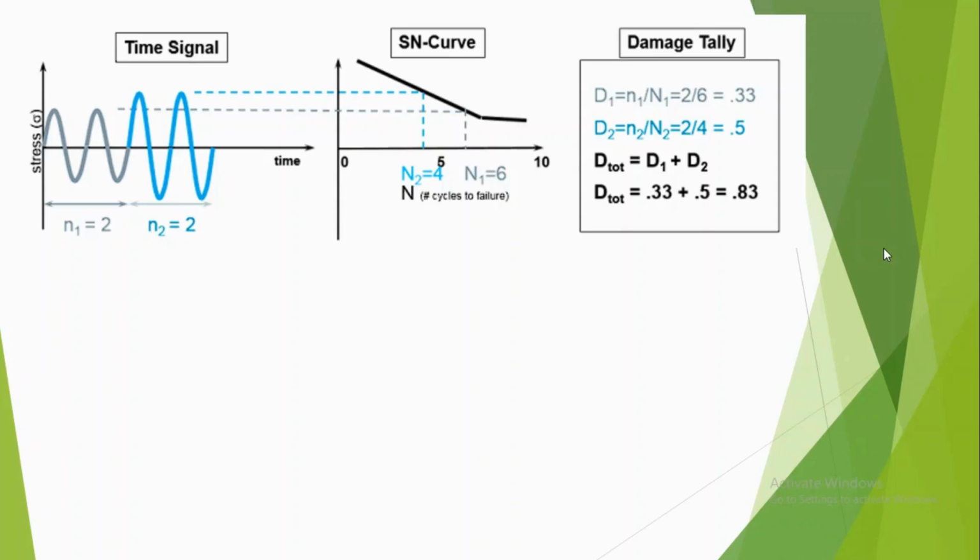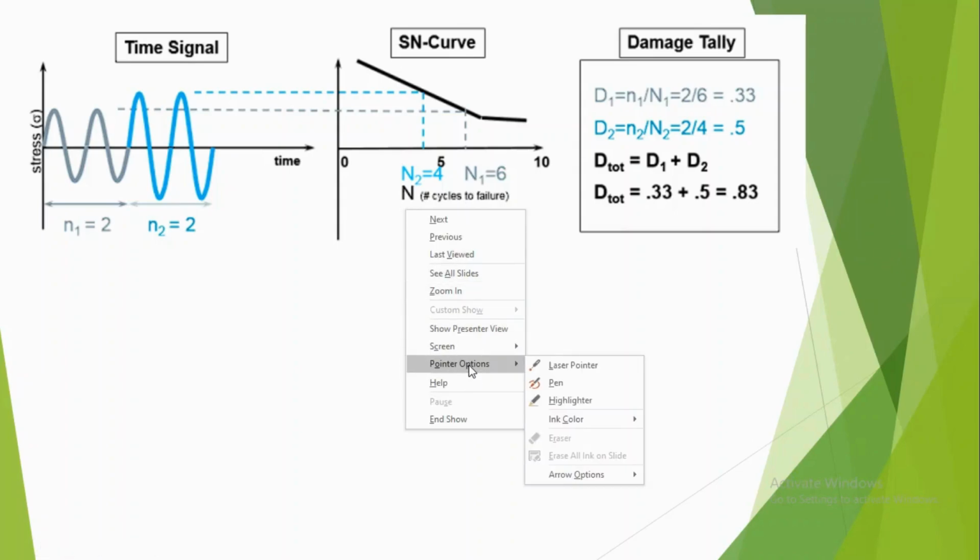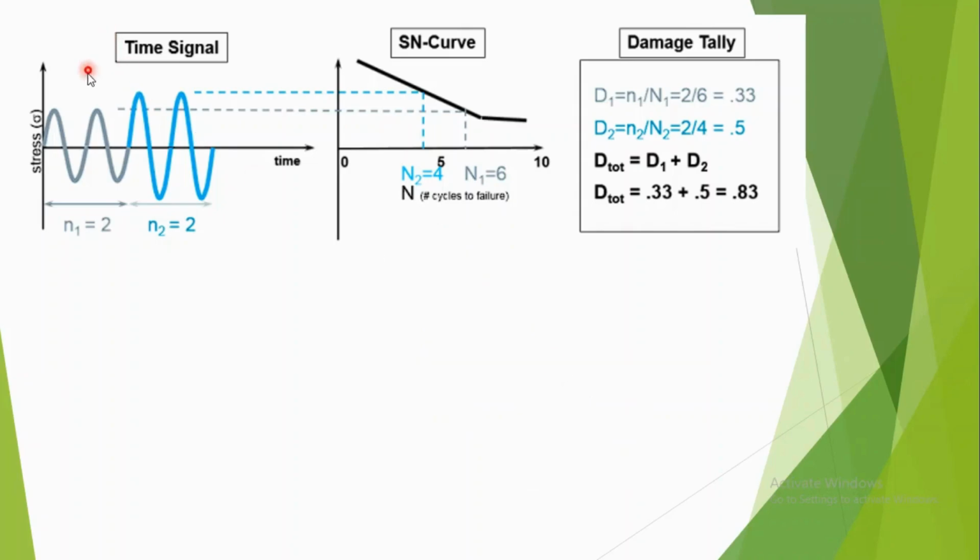Suppose there are two cycles here. One is the N1 cycle, which is going for two cycles, and N2 is also going for two cycles here.